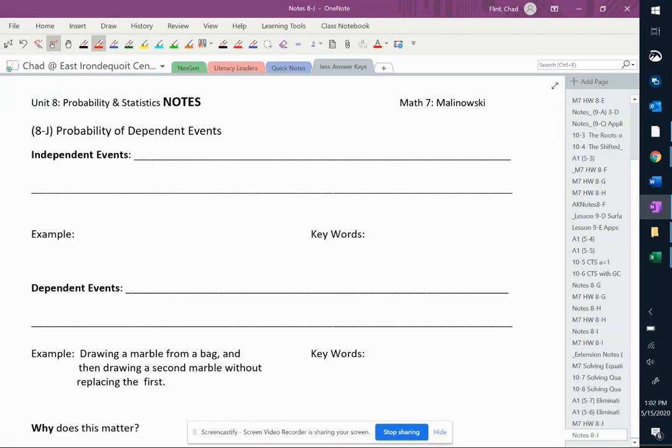All right, here we have notes for 8-J, probability of dependent events. So review from last lesson: independent events are events where the outcomes do not affect each other.